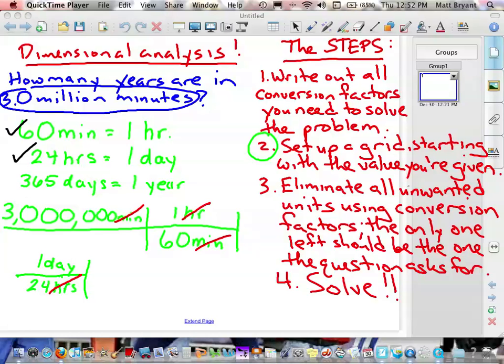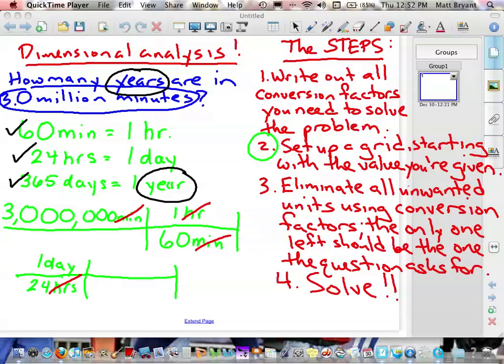All right. And lo and behold, if we look at our last conversion, that's going to be very useful because we can go from days to years now. And in the problem, if you notice, that's what we're trying to solve for. So we write out our last conversion factor in our grid that we painstakingly have written out here. It looks like a lot of steps, but if you write things out and you can actually see it for yourself, it's much easier than just plugging numbers into the calculator.